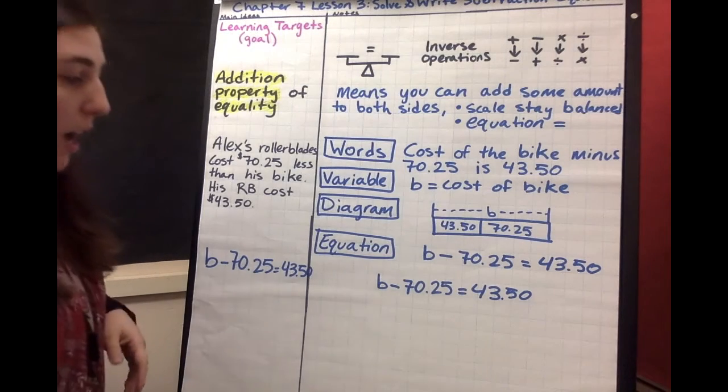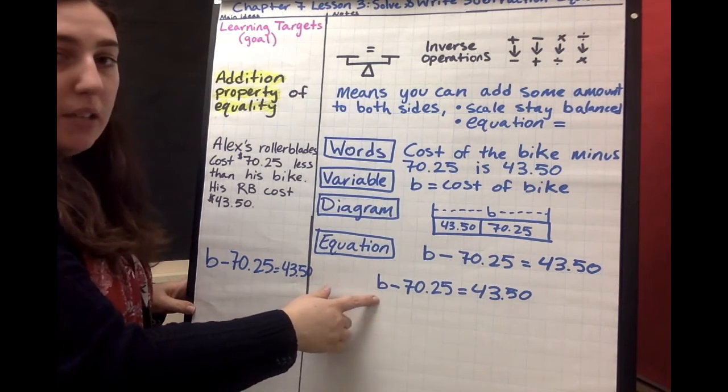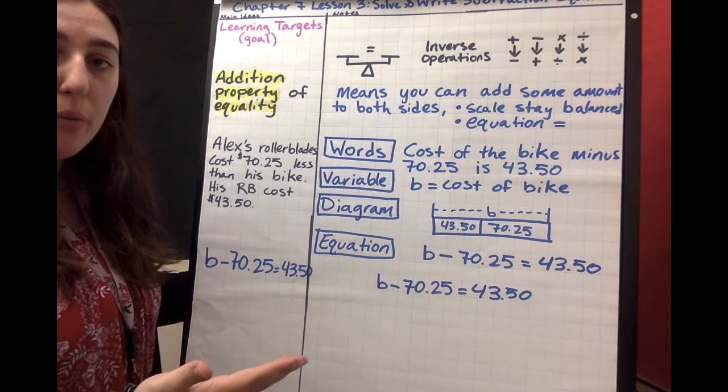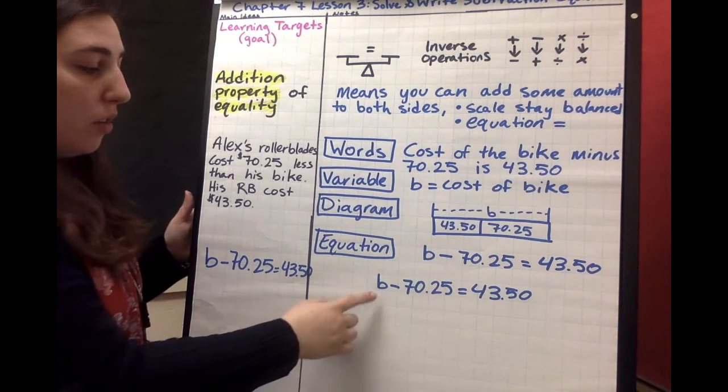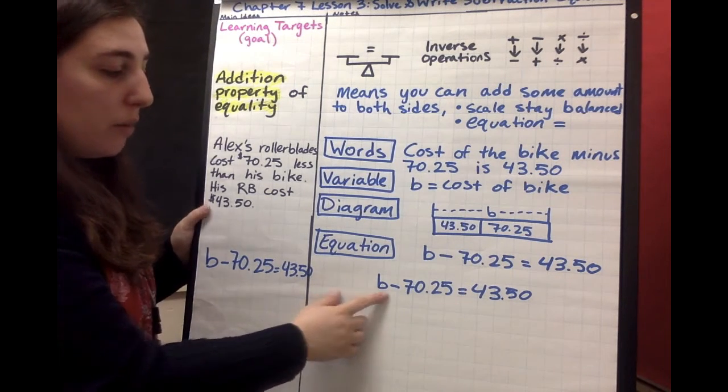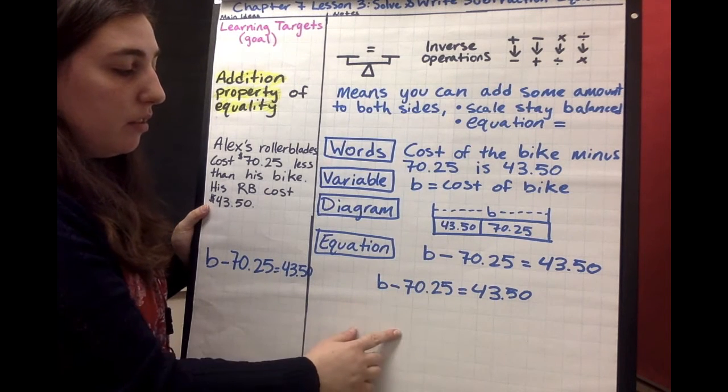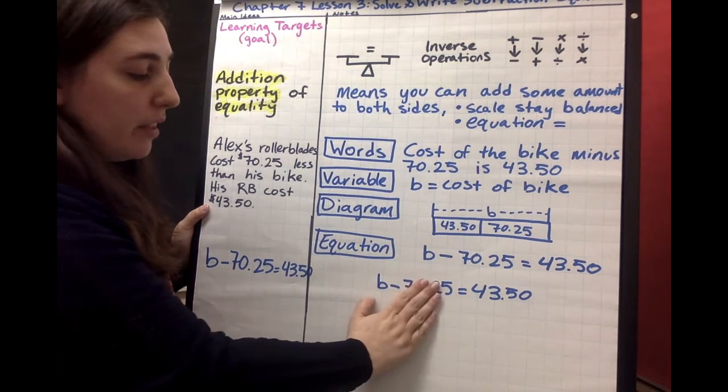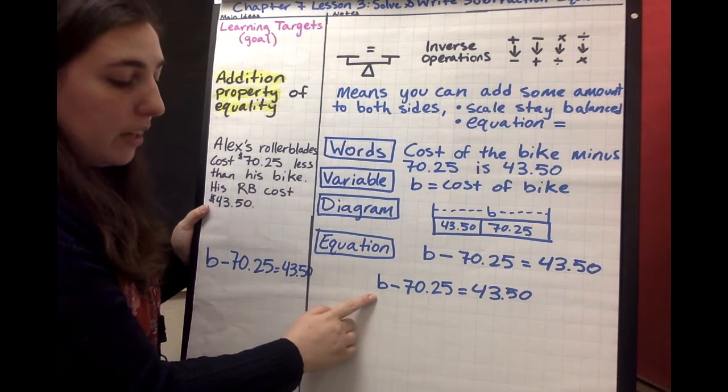Well, I want to find out what B is. I don't know what it is. That's our variable. It's an unknown number. So this is what I want to find out. So I'm going to add some amount to this so that I get nothing but B on this side.